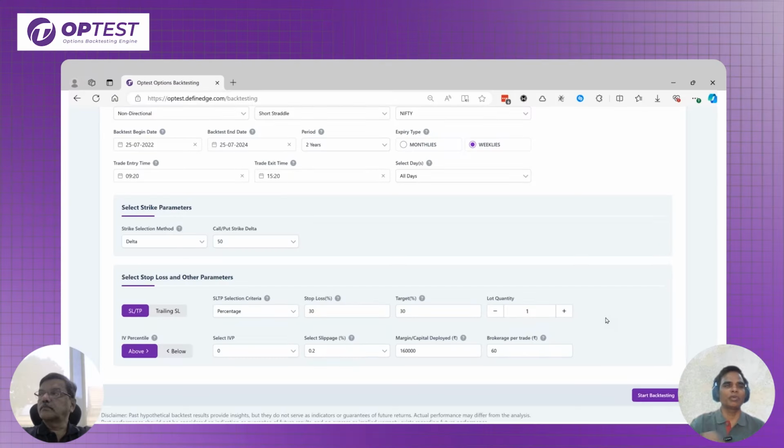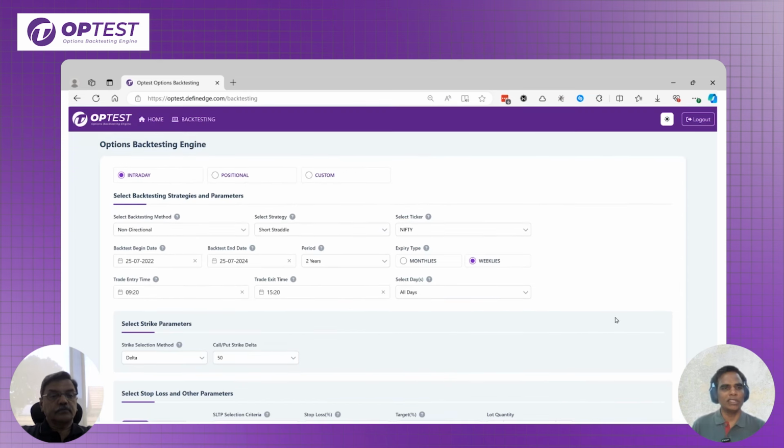You can enter as per what you are paying to your brokerage, or as per what you observe in your trading. It is totally customizable, no issue.